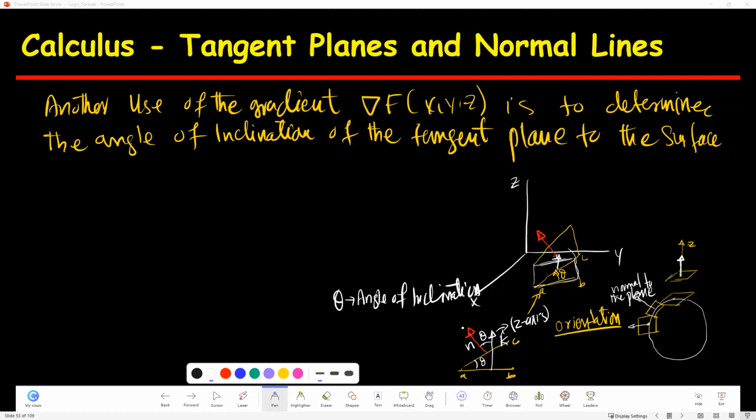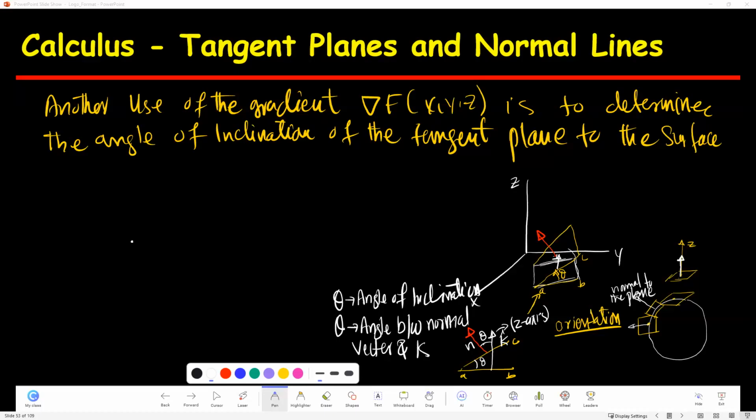Right? It's called n. So really, I want the angle. I'm going to say theta. I can write it another way. I can write theta as the angle between the normal vector and k. Theta is the angle between the normal vector and k.